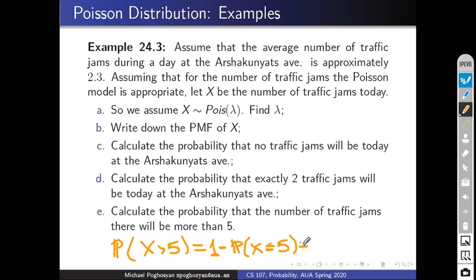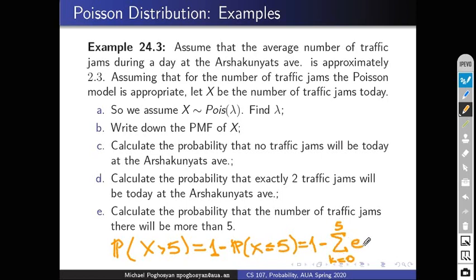And this is equal to 1 minus the sum of probabilities that x is equal to 0, then x is equal to 1, then x is equal to 2, up to 5. So I can write that in the form of a sum. Here I'm writing the probability that x is equal to k, and k is running from 0 to 5, including 5, because 5 is included here. And here I need to write the probability that x is taking that particular value k.